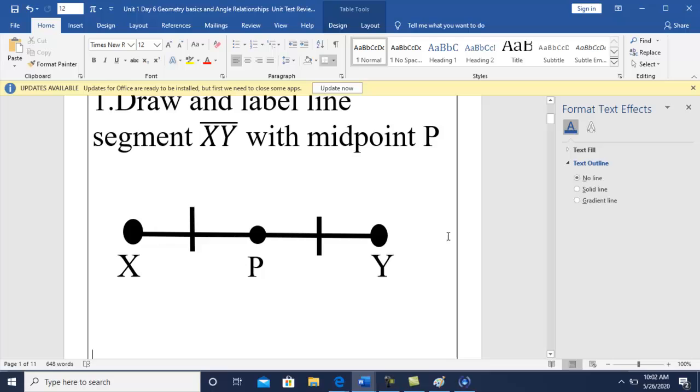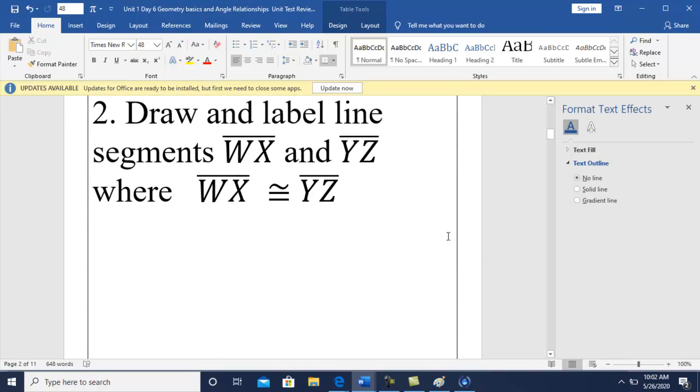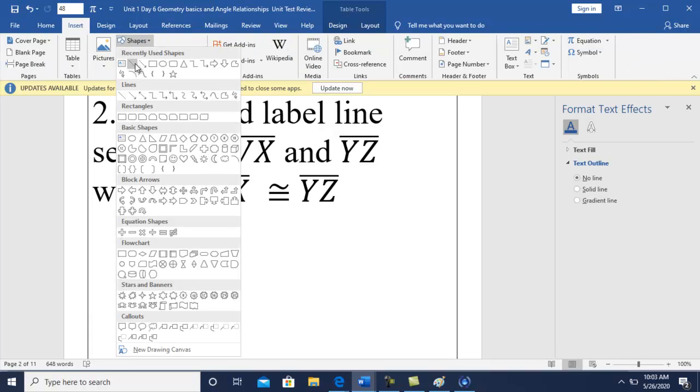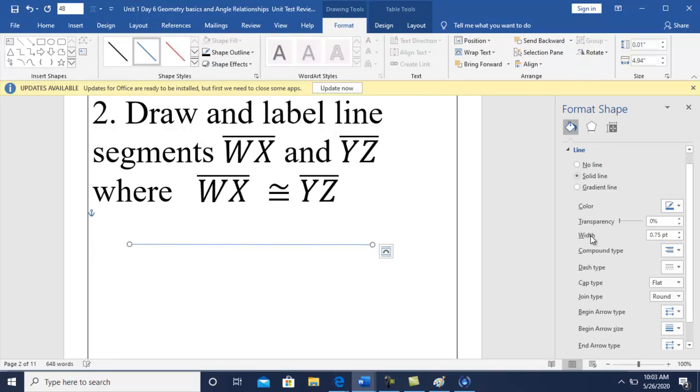Let's take a look at number 2. We're going to draw and label line segments WX and YZ, where WX is congruent to YZ. So we're going to draw 2 line segments. Remember, line segments don't have any arrows, so here's our first one.